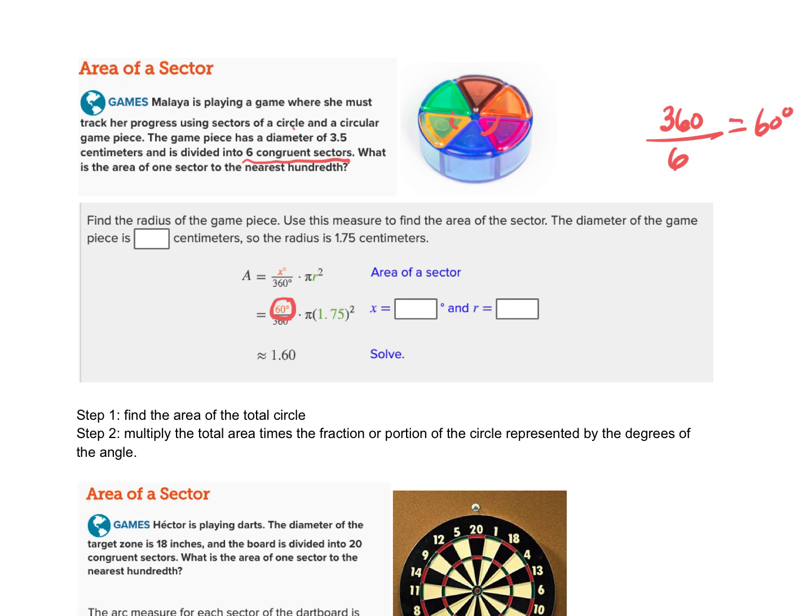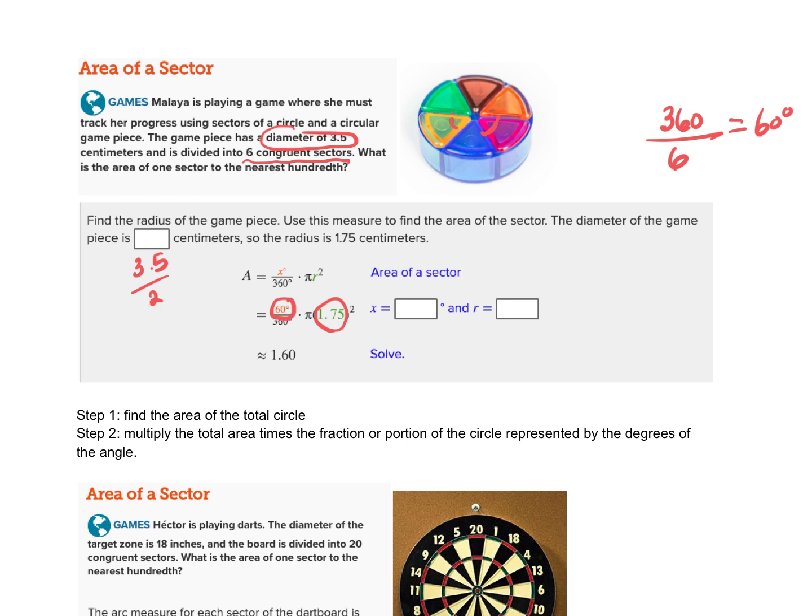And it tells us that the diameter is 3.5. Right now that's the diameter. We have to divide the diameter in half to get the radius. So 3.5 divided by 2, that's where that 1.75 comes in. Now all the components are here.